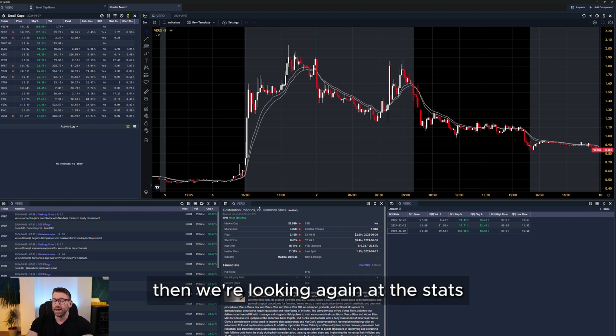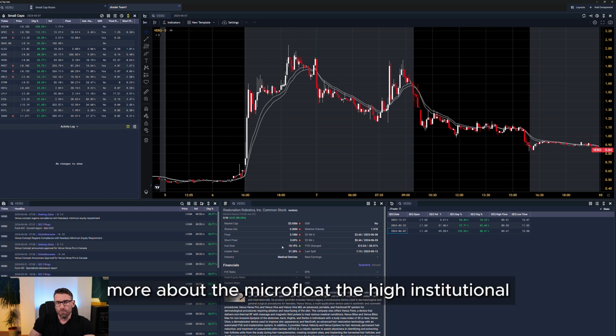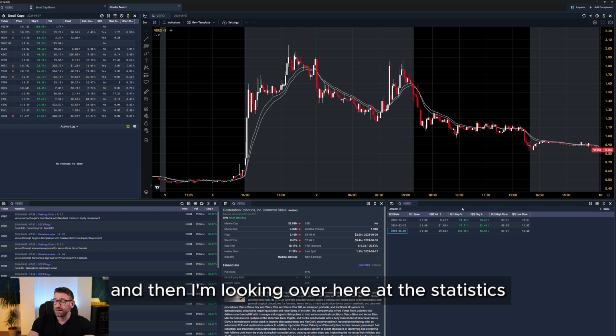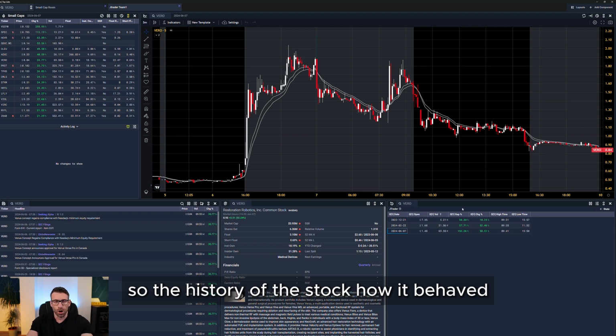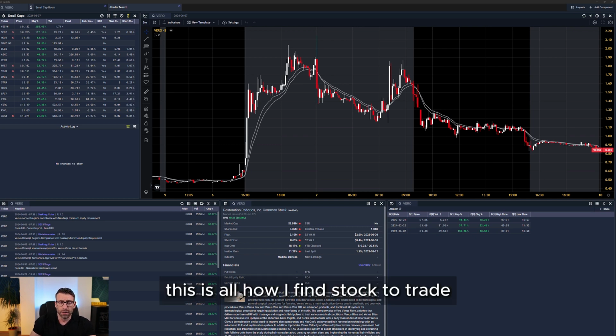Then we're looking again at the stats, and we'll understand more about the float, the micro float, the high institutional, the short percentage of float. And then I'm looking over here at the statistics, so the history of the stock, how it behaved. This is all my process for day trading, how I find stock to trade. In this case, we cover scanner, news, and data.